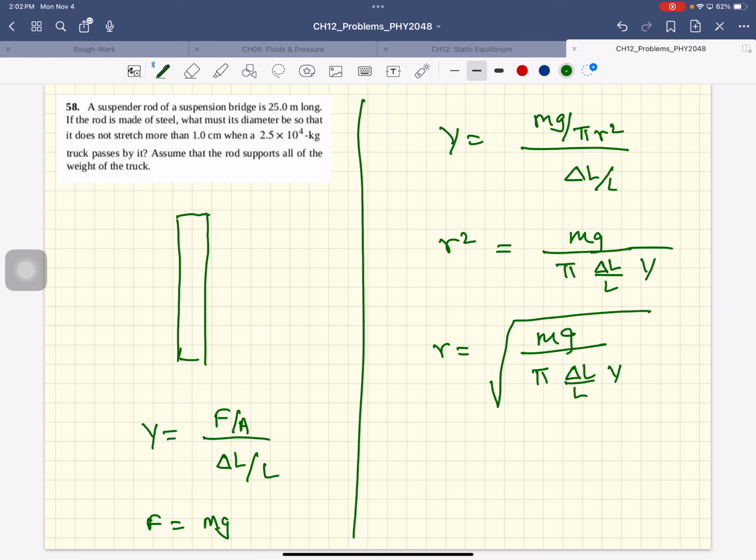All right, so now we can put all the numbers in. What are you supporting? 25,000 kgs, so 2.5 times 10 to the 4 kgs. G is 9.8 meters per second square. The length of the rod is 25 meters, pi, and you want it stretching 1 centimeter.